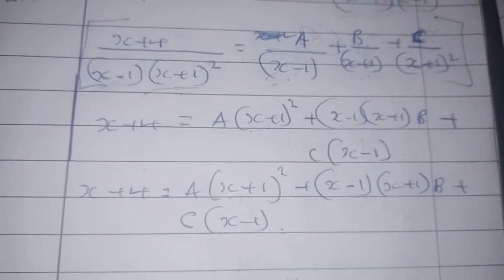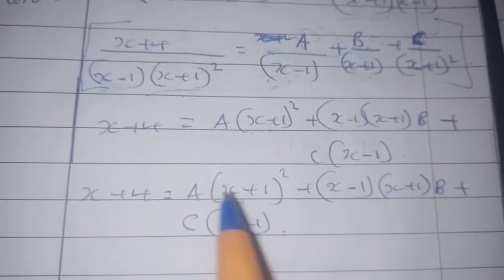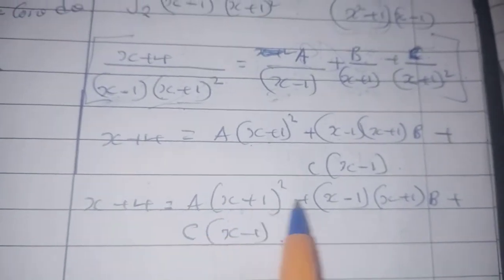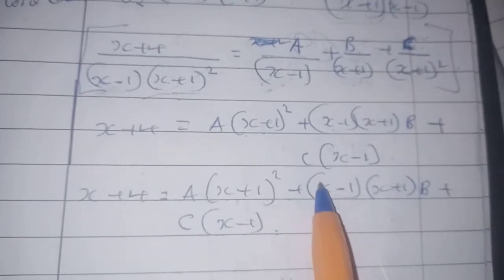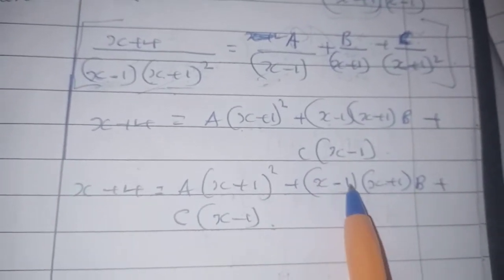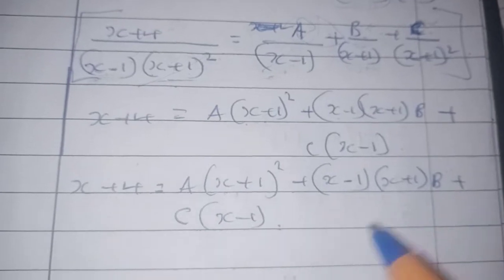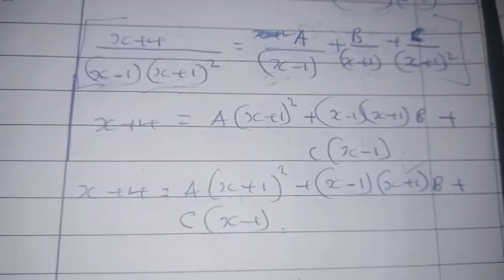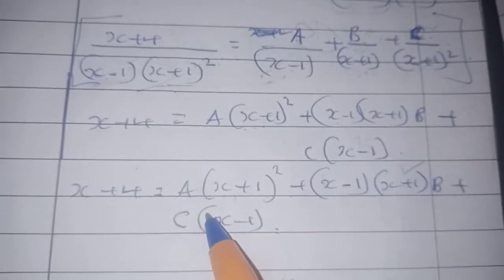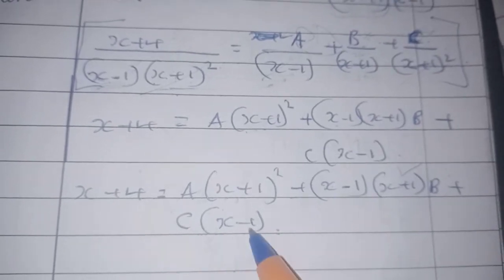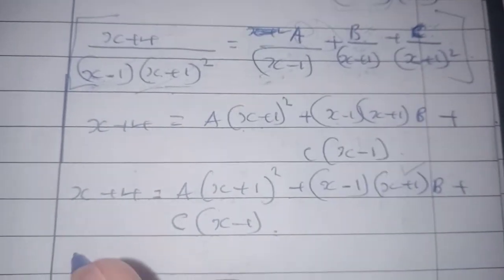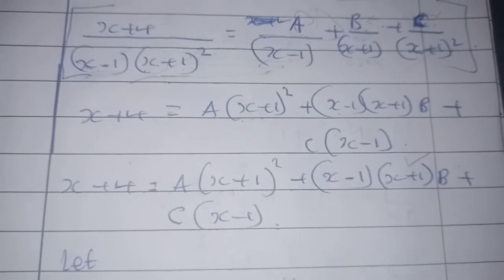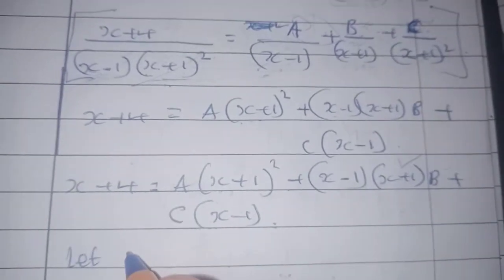Let's go to 1. When you substitute with 1, this will be 2 squared, which is 4. When you substitute here with 1, 1 minus 1 is 0. 0 multiplied by any number is 0. Then 1 here is correct. When you substitute here with 1, 1 minus 1 is 0. So you can see we can let our first substitution for x be x equals 1.